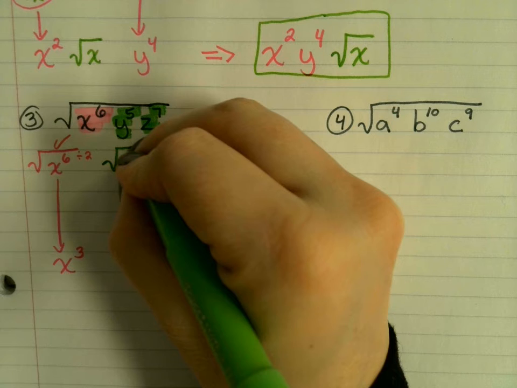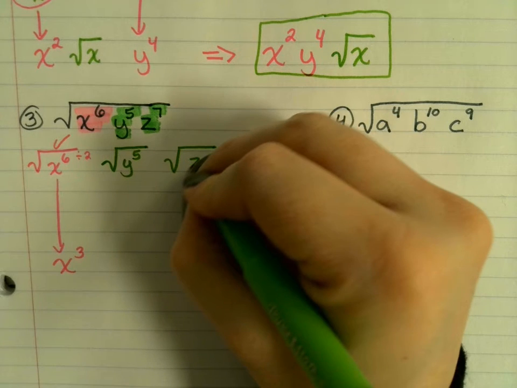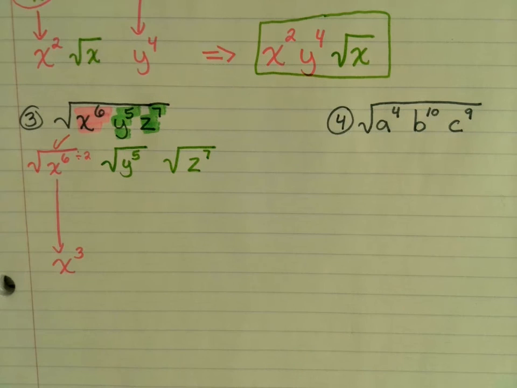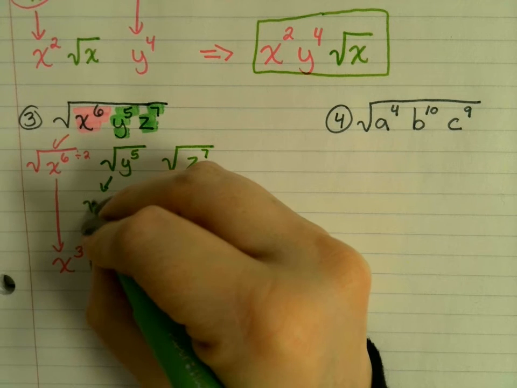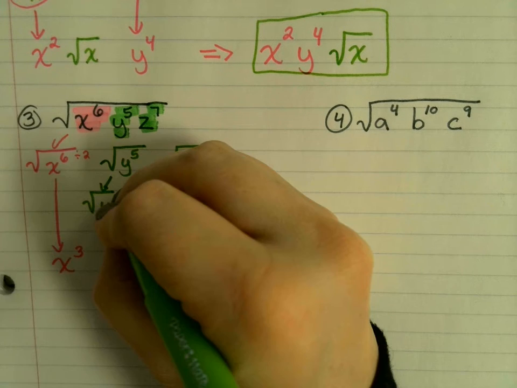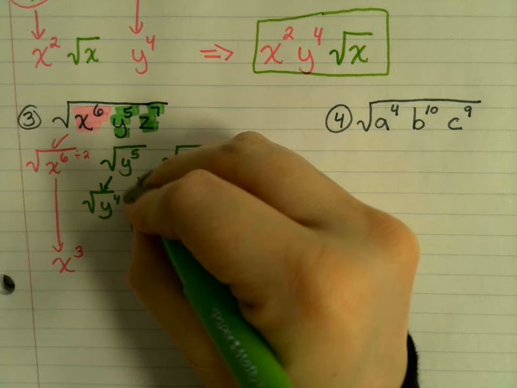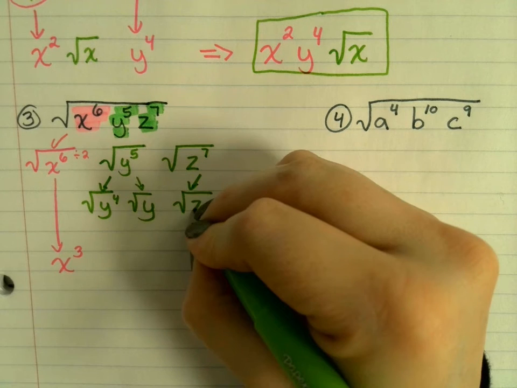So y to the 5th and z to the 7th, I'm going to separate them out first individually. Then I'm going to separate them apart by removing one of them. So this will become y to the 4th and y. Then z to the 7th is going to become z to the 6th and z.